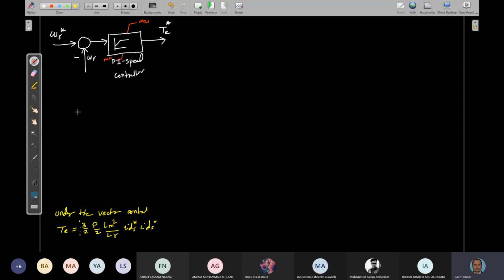So this part is constant. Let's assume this is called KT. So this will be KT times IDS star times IQS star. So if I have the torque and I need IQS star, it is all in the synchronous rotating reference frame.